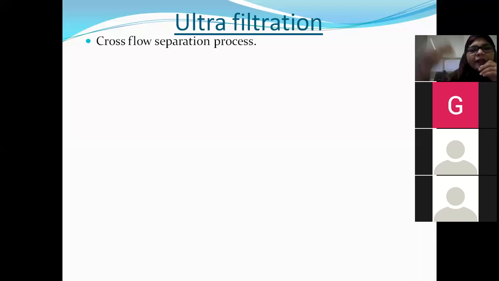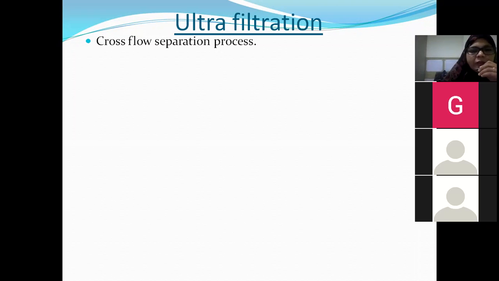So what you are going to write in ultrafiltration: of course you will draw the diagram, and then you have to write the explanation of that. In the explanation you write that it is a cross flow separation process. You saw here what the flow is like. It is a cross flow, meaning a tangential flow, not a direct vertical flow.